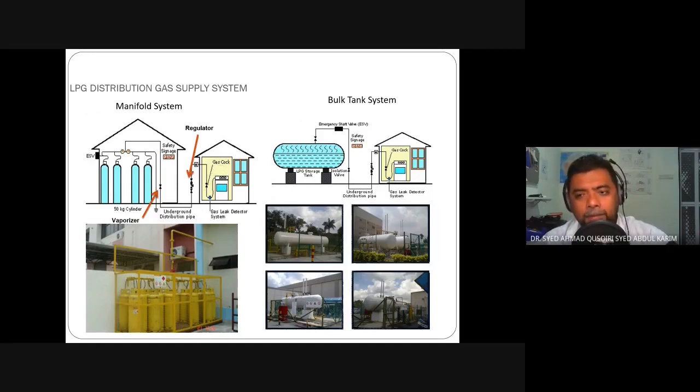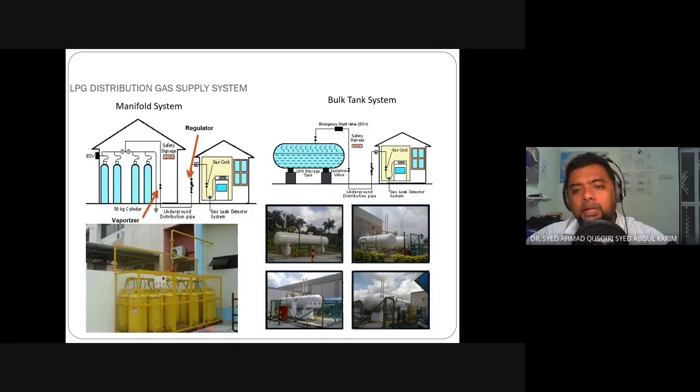Gas will be concentrated inside the kitchen, so when there is a spark, that can cause an explosion. So putting it outside is for safety purposes. However, there is also an issue of security, so normally these manifold systems are fenced to prevent unauthorized access.